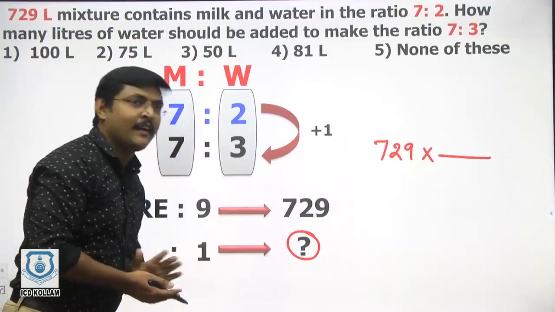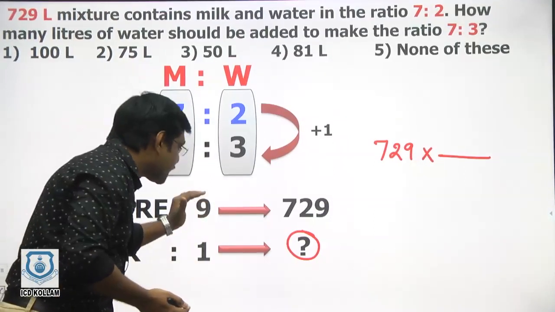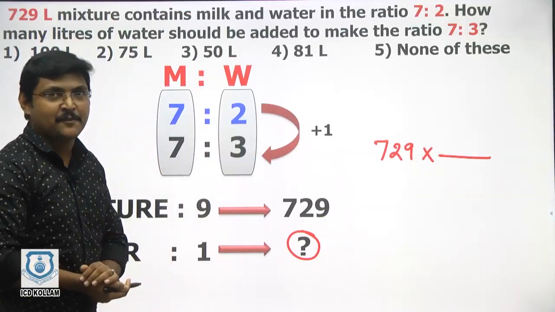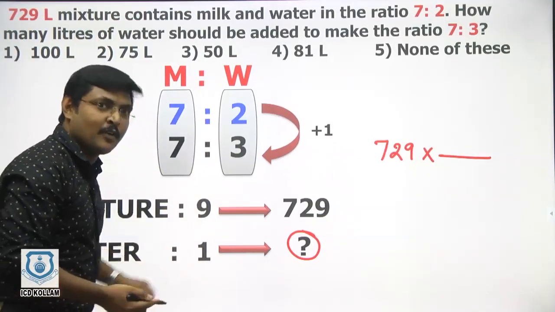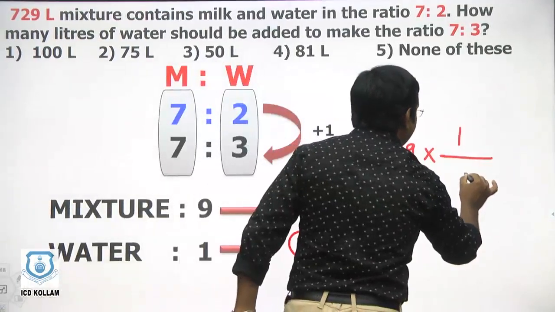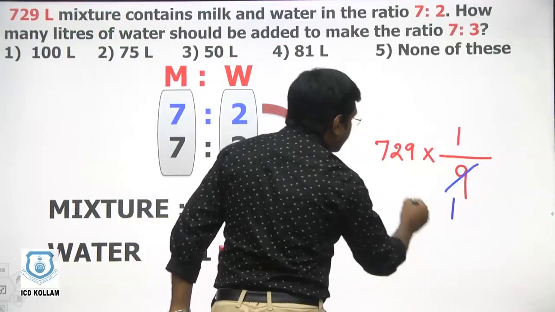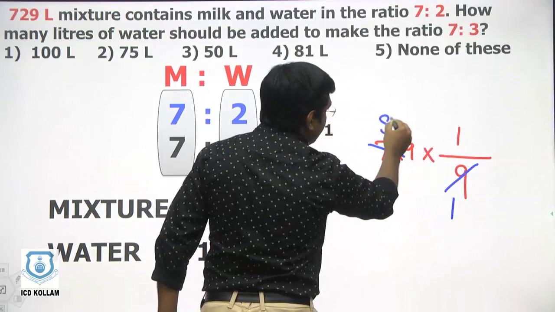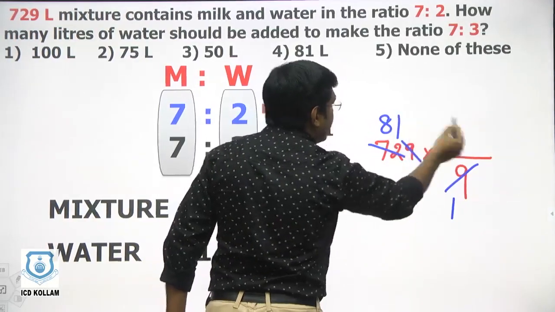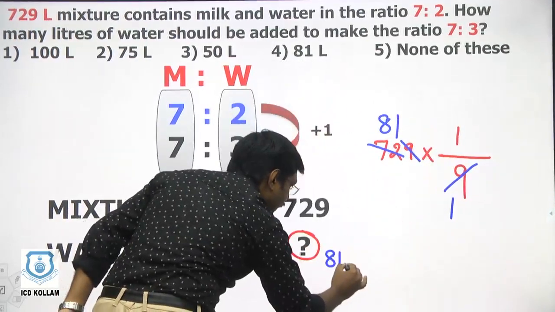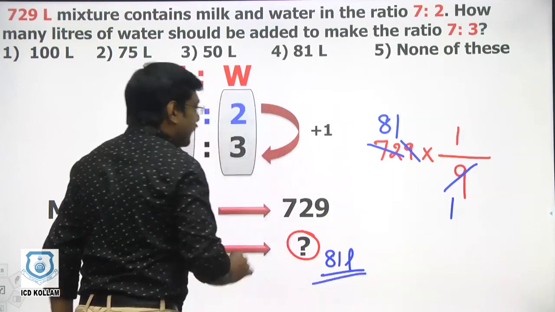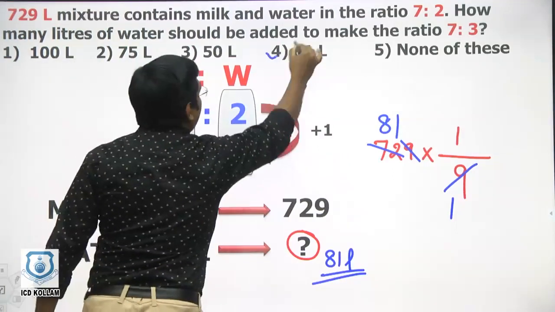In order to get a smaller value, remember that we should consider the smaller value in the numerator of that fraction, right? Here the smaller value is 1. So I am considering 1 in the numerator and 9 in the denominator. I am cancelling this 9 1 times, 9 8 times 72 and 9 1 times. So 81 into 1, that is 81 liter. So we can say that the answer for the given question is option number 4, 81 liter.